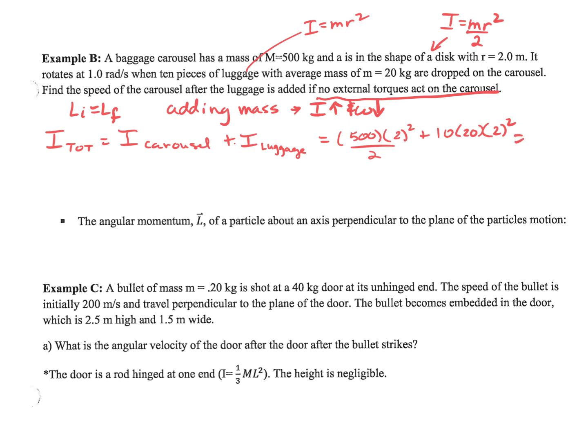So when we work this out, what do we get? We get 1,800 kilogram meter squared. Okay, so there's my I total for the whole thing.